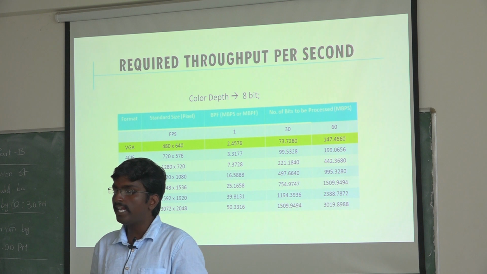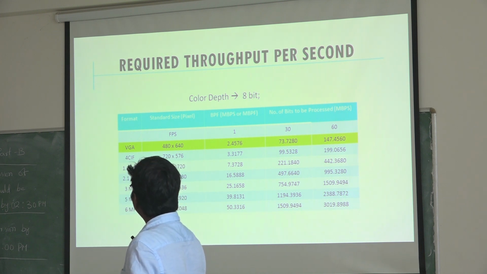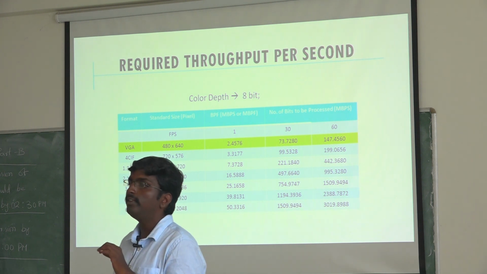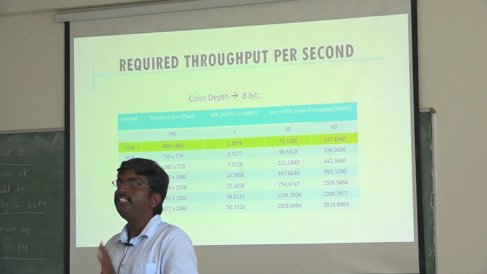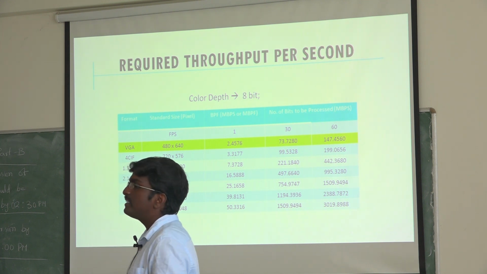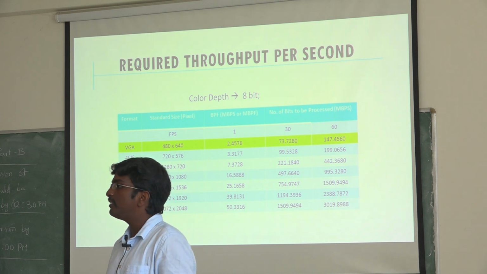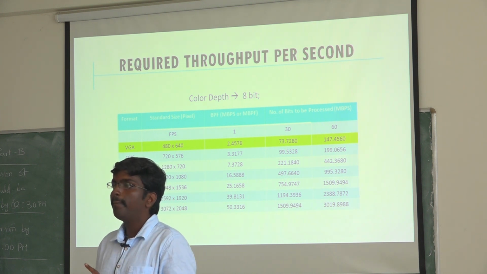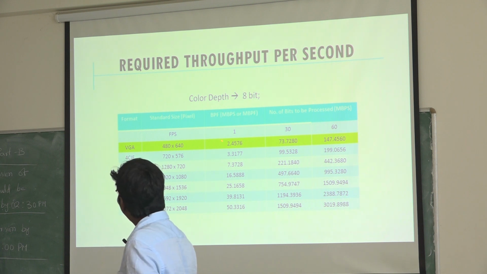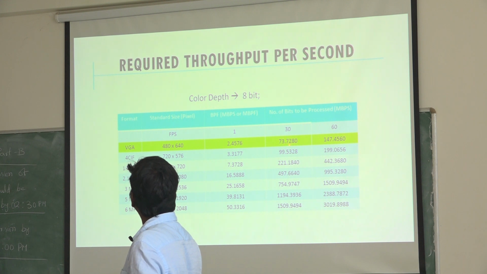For a VGA standard, 480 x 640 per frame, one frame per second is 2.4576 million bits per second. For a VGA standard of 8-bit resolution alone, per second, I need to process this many bits. So at 30 frames per second, it's 73 million bits per second.